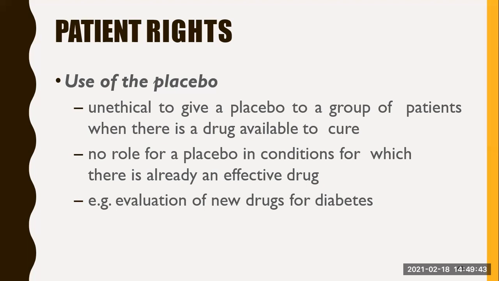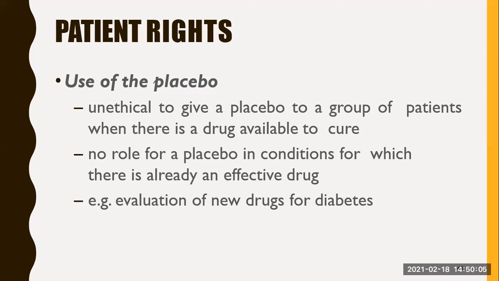Okay, so like in the case of coronavirus disease, as there was no drug available in the market, all the drugs were investigational drugs. So in such cases, use of placebo can be justified.